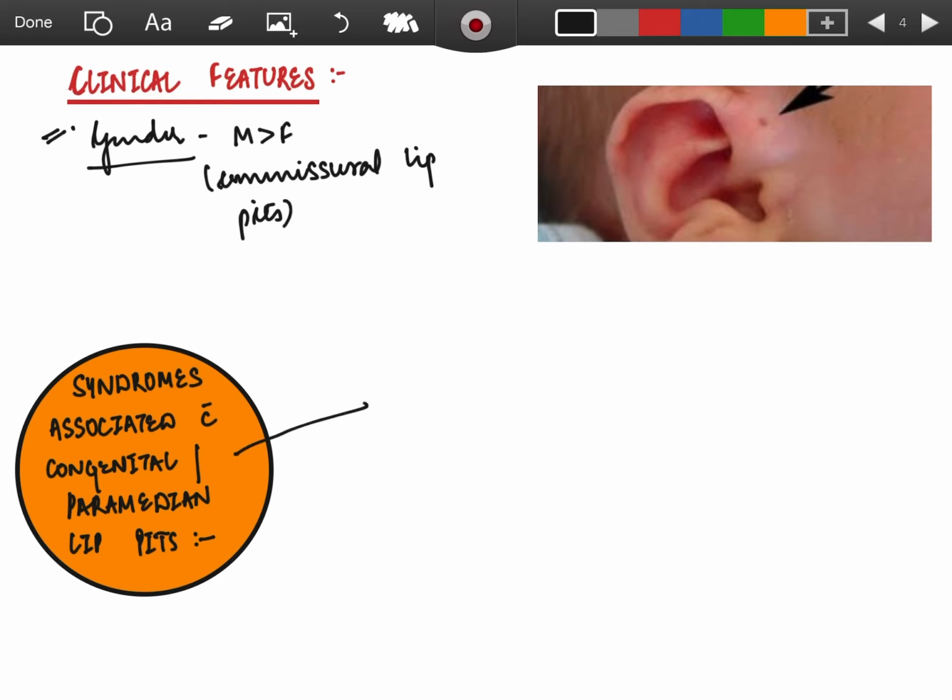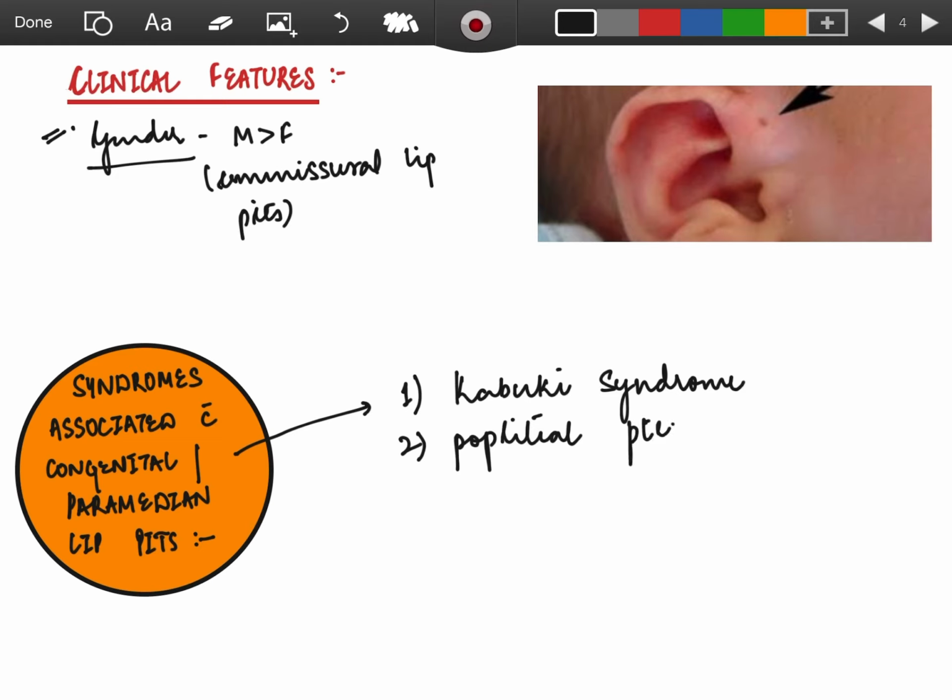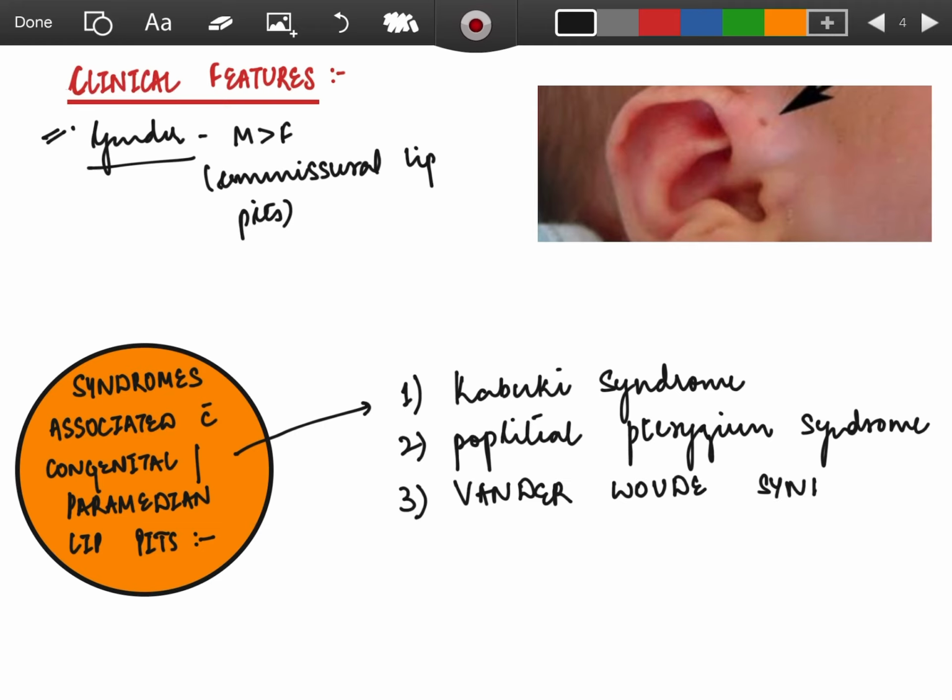Now the syndromes associated with congenital or the paramedian lip pits. First is the Kabuki syndrome. Second is the popliteal pterygium syndrome. And the third is very important, van der Woude syndrome.